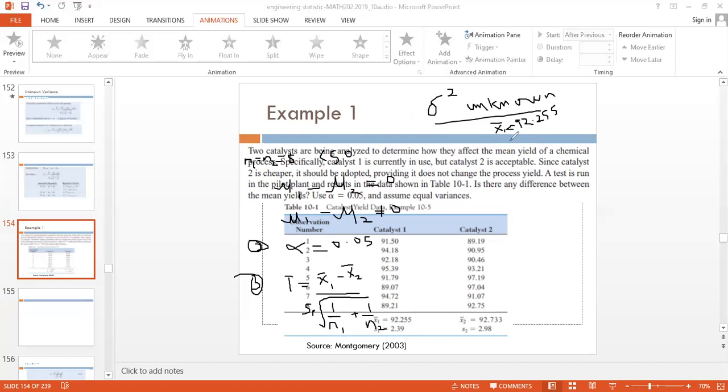Then s1 is 2.339. Whereas x2 bar is 92.733, and then s2 is 2.98. Okay, so let's go back to our page.